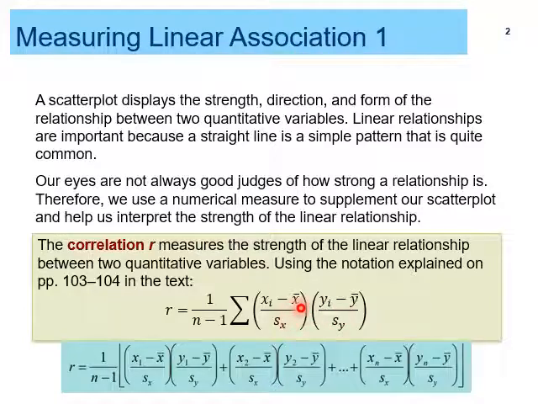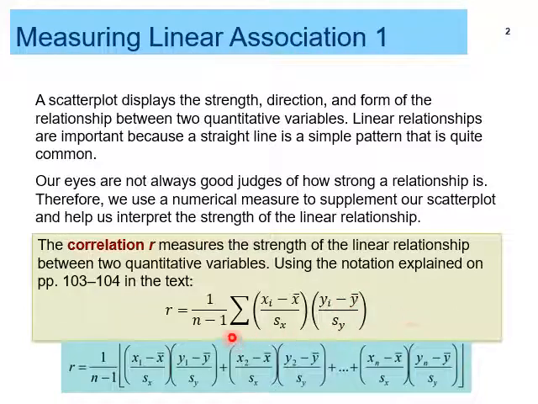Here x bar and y bar are the means of the x variable and y variable respectively, sx is the standard deviation of x and sy is the standard deviation of y.